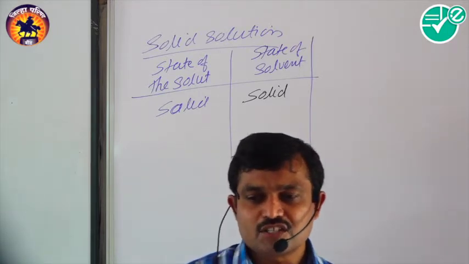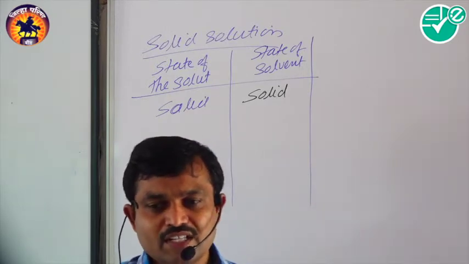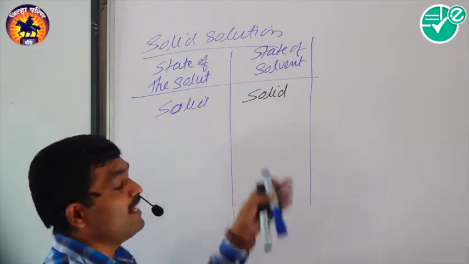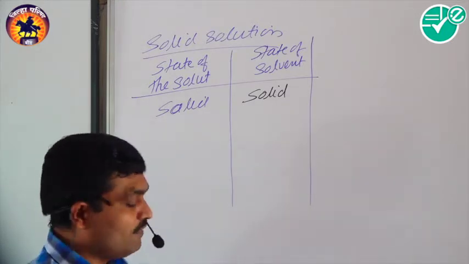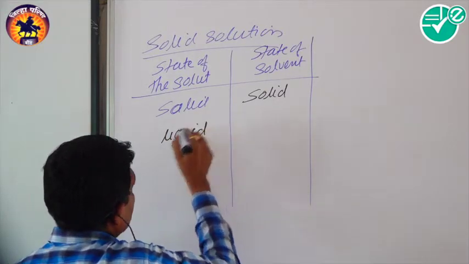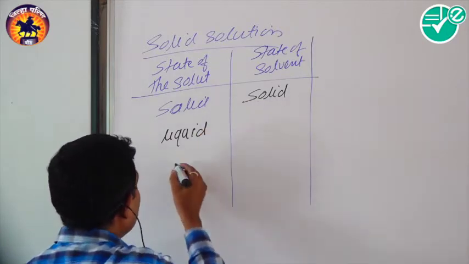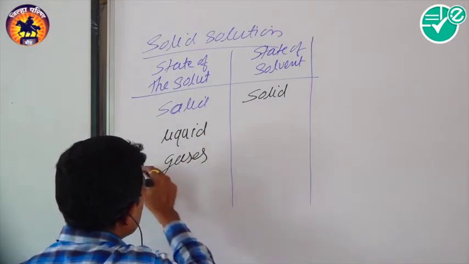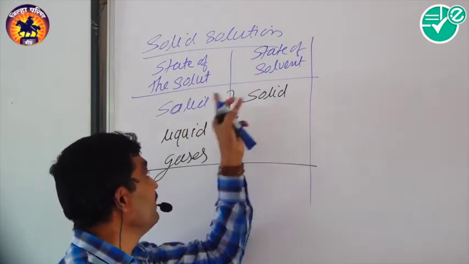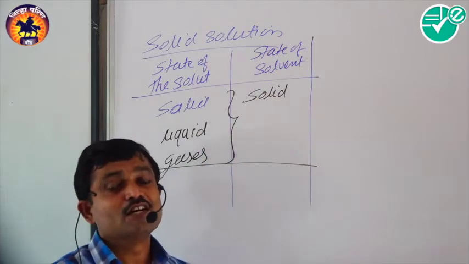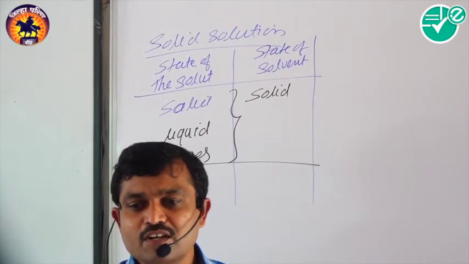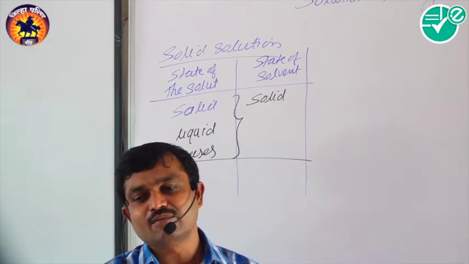The next ones are liquid in solid and gases in solid. So solid in solid, liquid in solid and gases in solid are the subclasses of the solid solution. Solid in solid is the alloy.